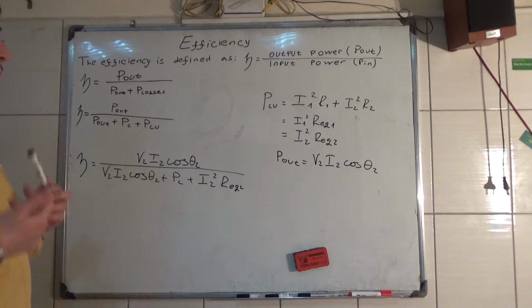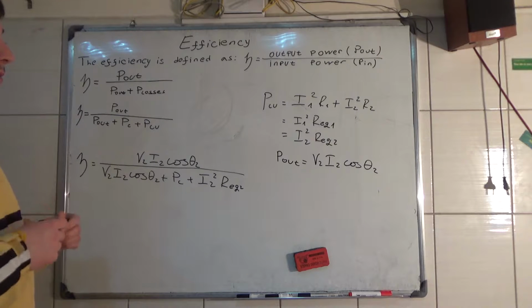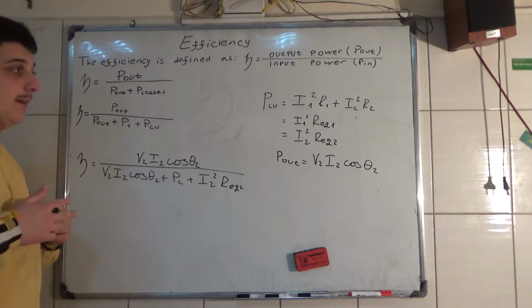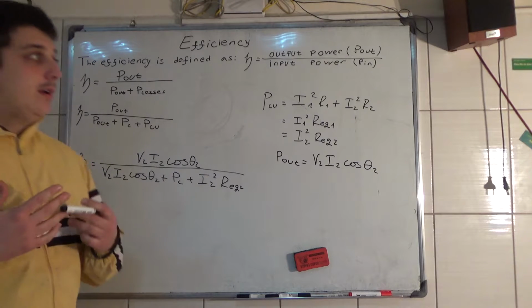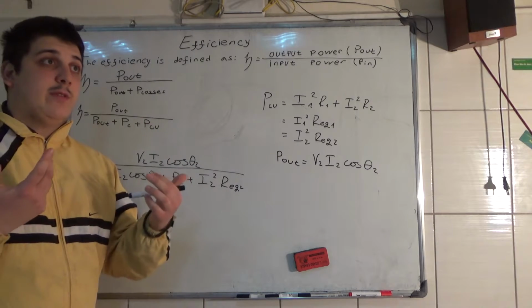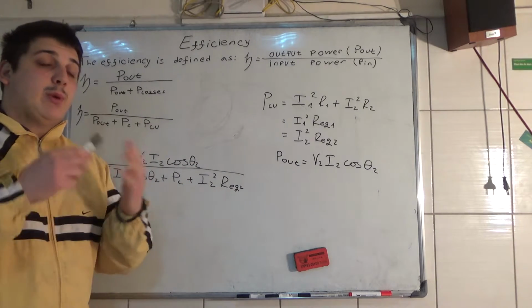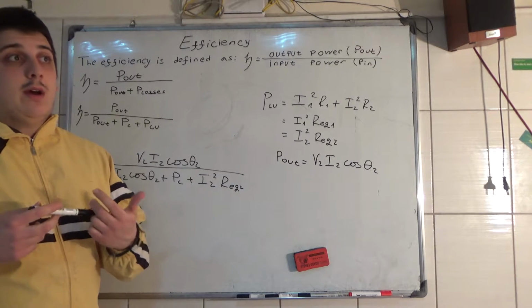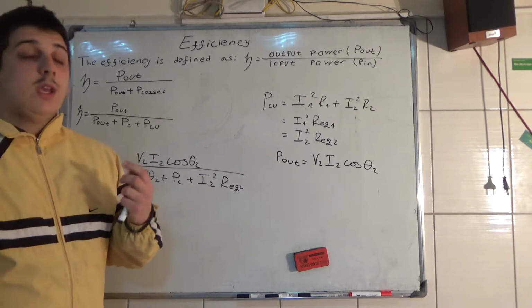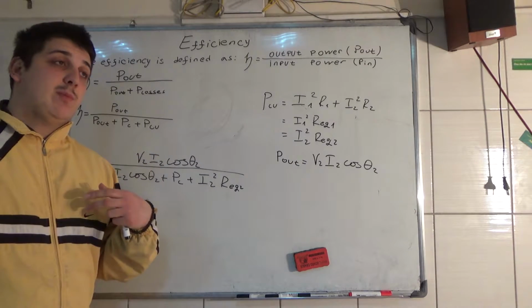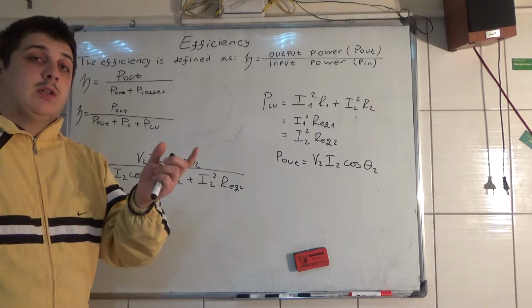Now, we have copper loss and we have core loss. The copper or the windage of the transformer has a primary and a secondary side. If we are talking about a one-phase transformer, we only have one winding on the primary side and one on the secondary side.